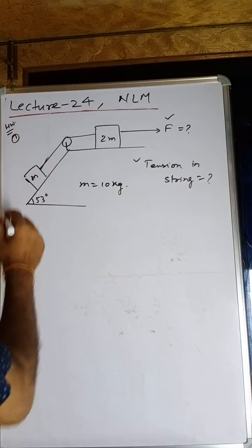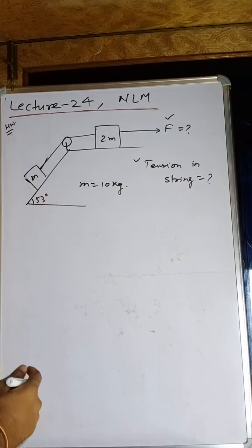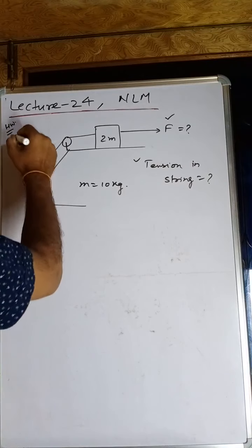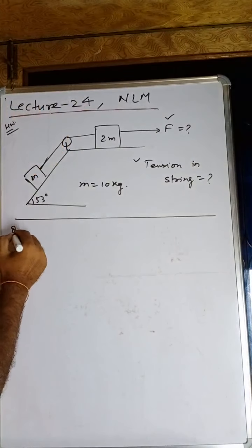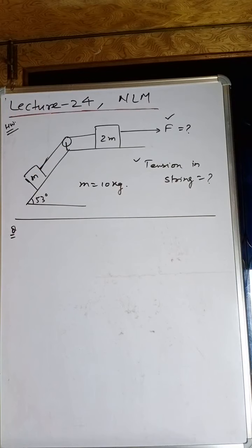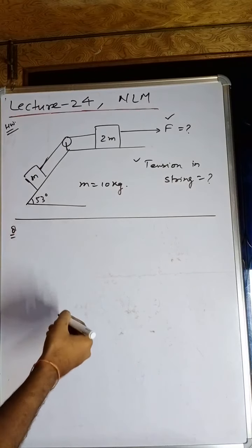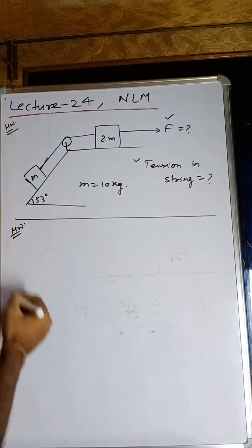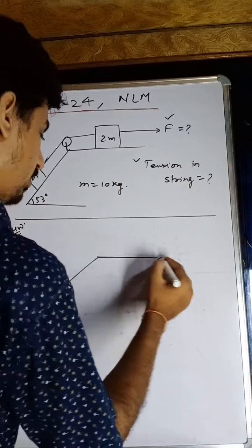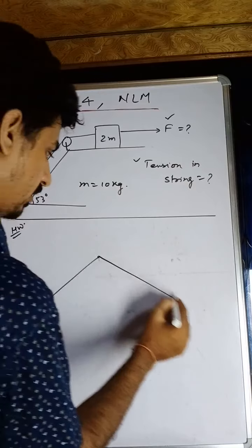I don't remember the homework, my dear students, so I've given you the numbers. Forget it. Now the next question. Let me solve this question. This is another important question of the pulley mass system. One more question of an inclined body, as it is coming to my mind.